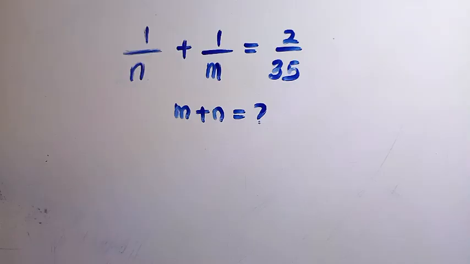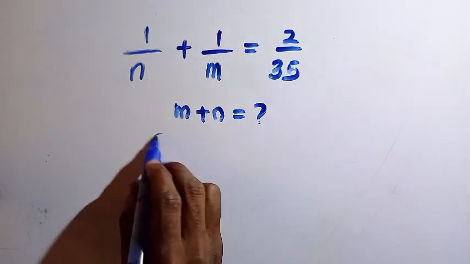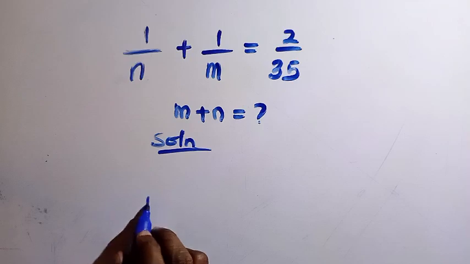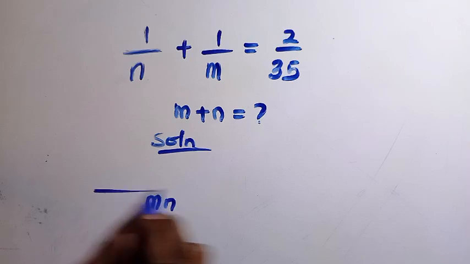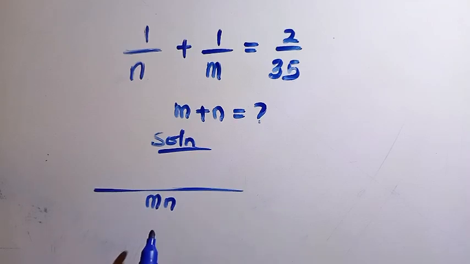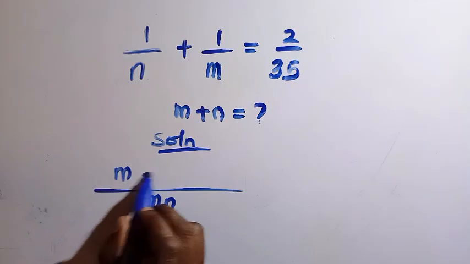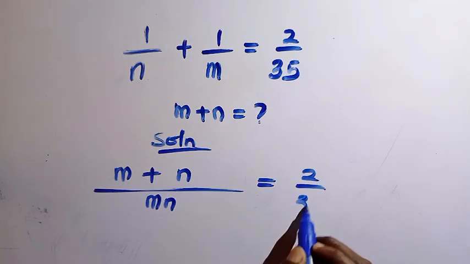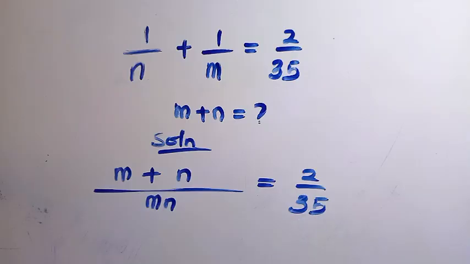Let's solve this quickly. We have 1 over n plus 1 over m equals 2 over 35. By considering the solution, we find the LCM, which is m times n, so the first part here will be m plus n, which equals 2 divided by 35.